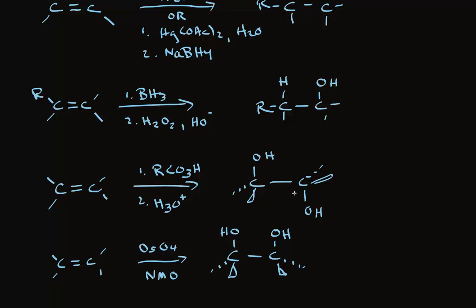We also know how to make alcohols using a substitution reaction, starting with an alkyl halide. Let's look at that. For these, X may be chloride, bromide, or iodide as leaving groups.